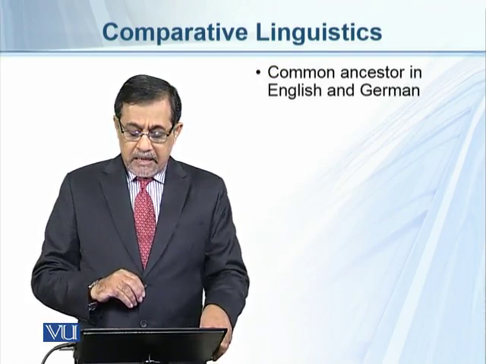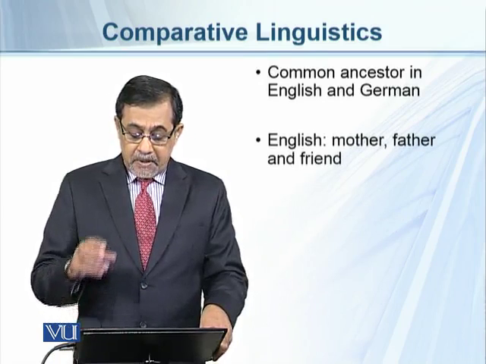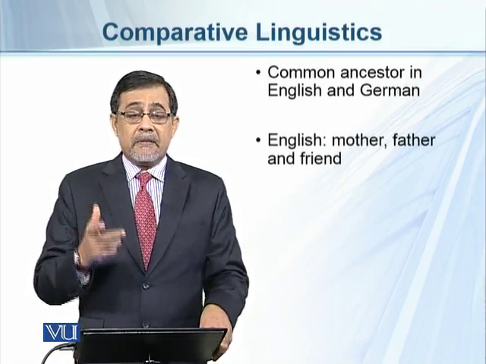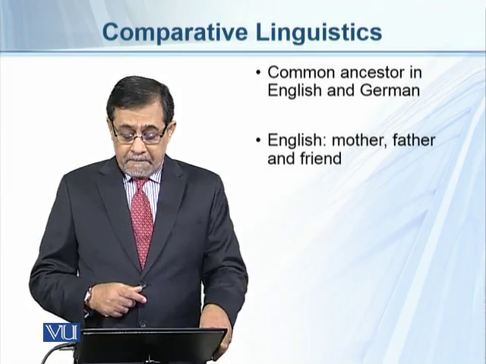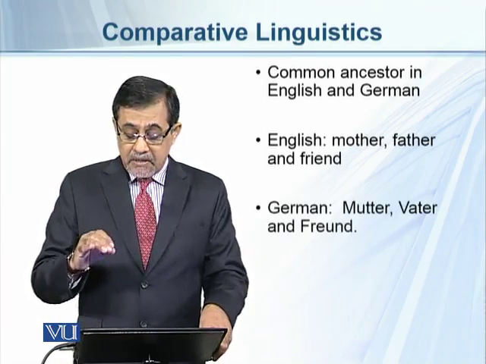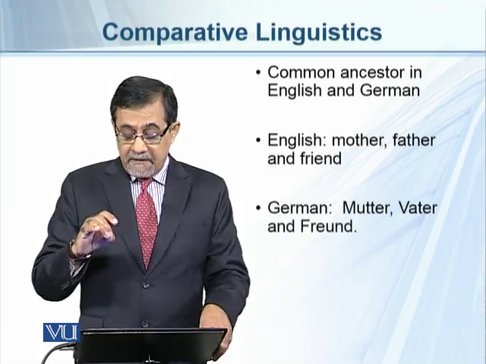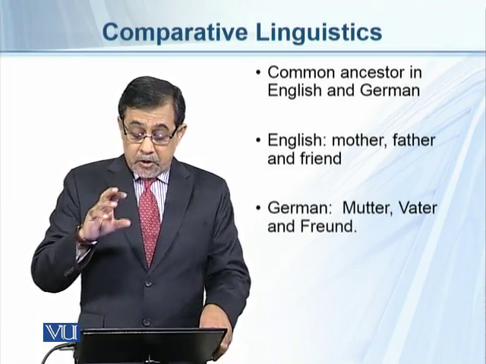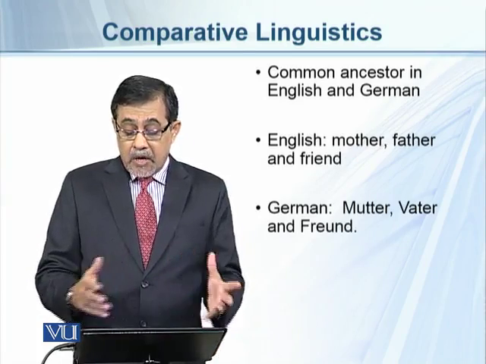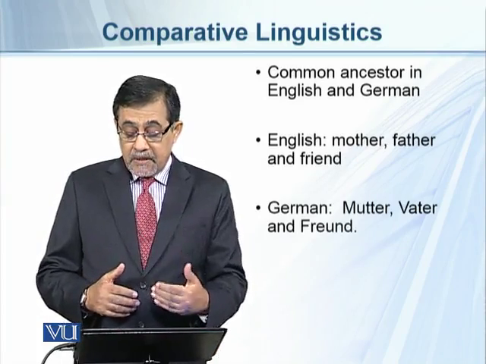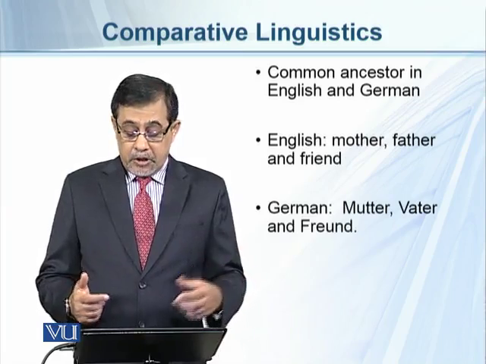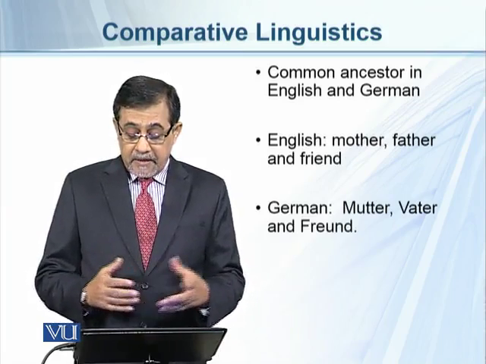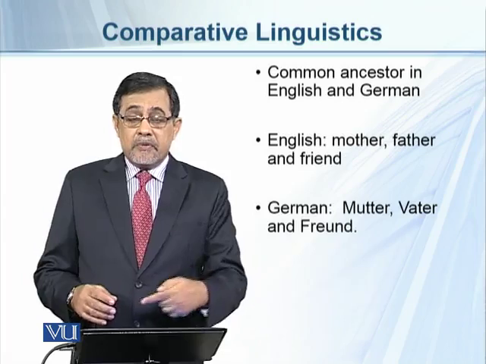Common ancestors in English and German. For example, in English we find mother, father, and friend. In German, Mutter, Vater, and Freund. So we find that these are cognates: mother and Mutter, and similarly father and Vater, friend and Freund.